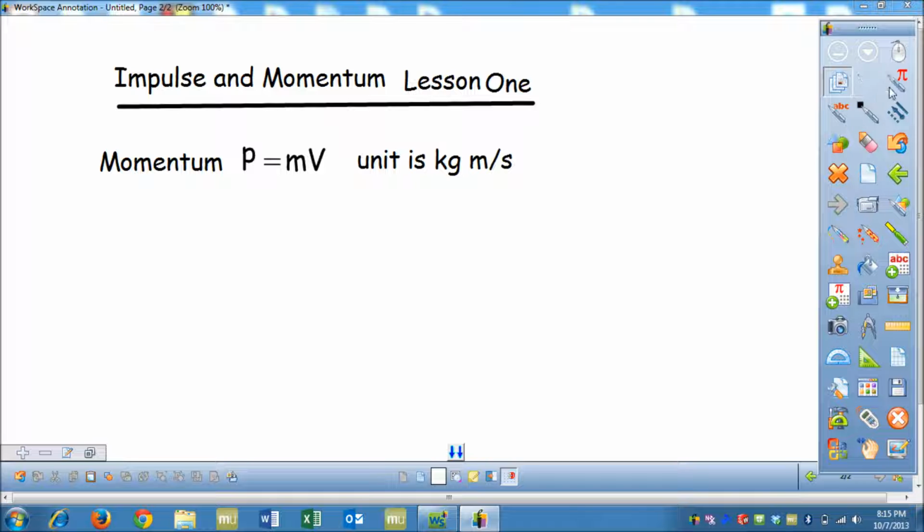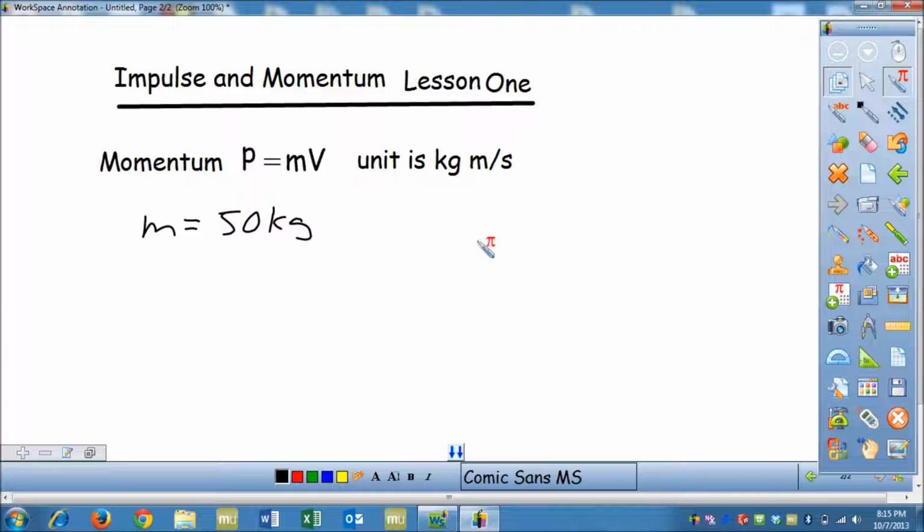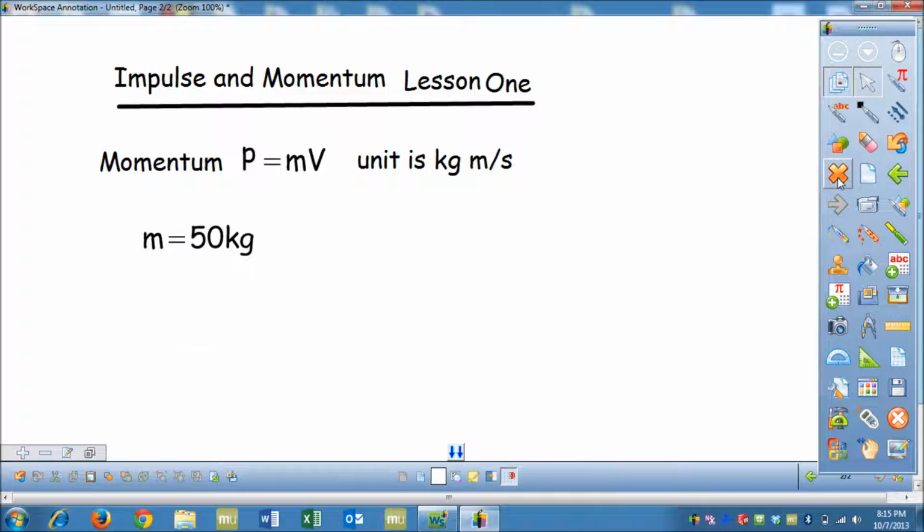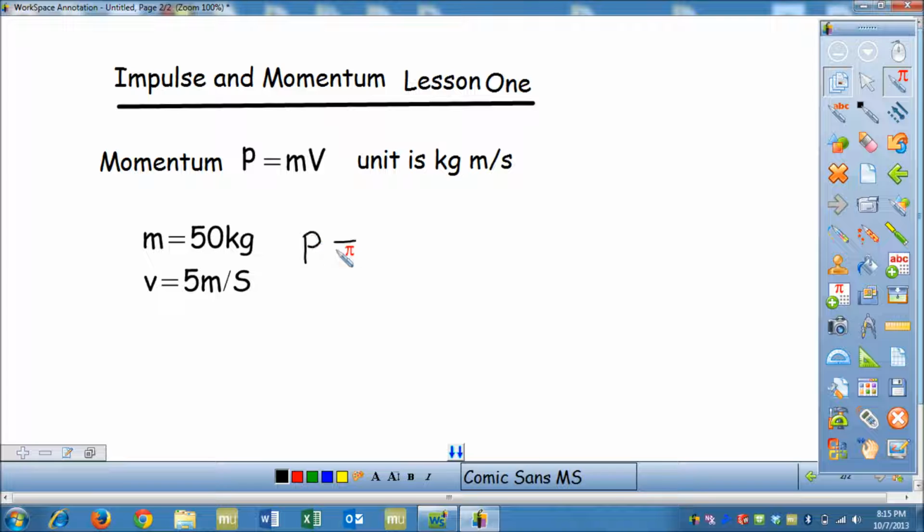Maybe the person's mass equals 50 kilograms, and let's say their velocity equals 5 meters per second. So we would say that their momentum is the mass times velocity, that's 50 times 5, which is 250 kilogram meters per second.